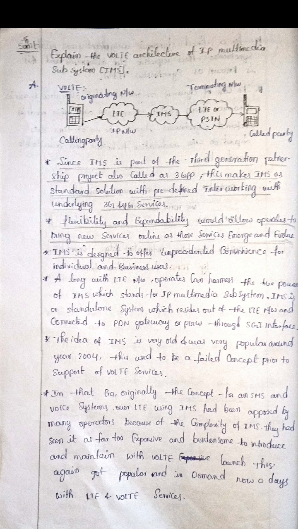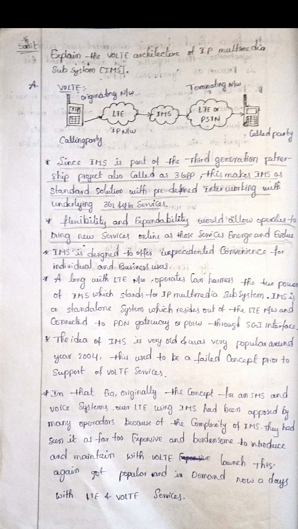almost 27 minutes. Explain the architecture of IP multimedia subsystems. Diagram is handy. Since the IMS is a part of the third generation partnership project, also called 3GPP, this makes IMS a standard solution with predefined interfaces interworking with underlying 3G and 4G services.